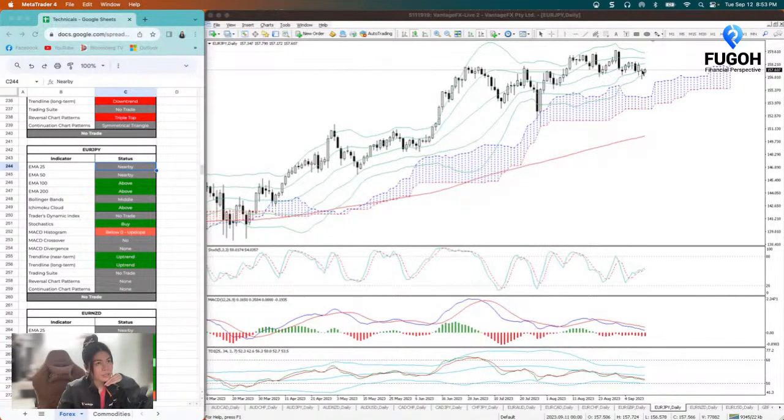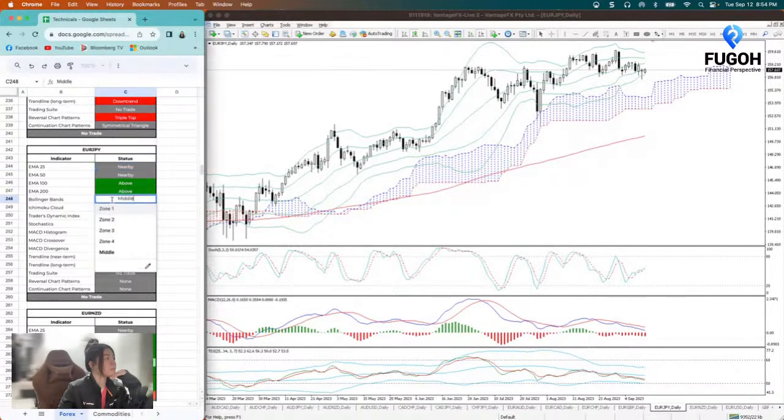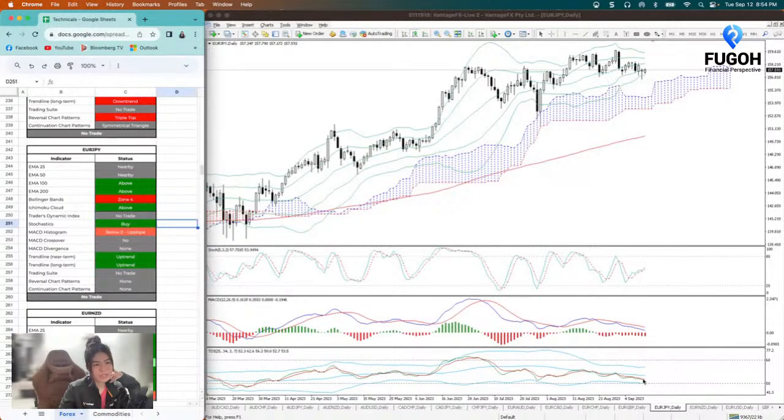Price is in zone 4. Ichimoku cloud is still above. How about our TDI? Our TDI is no trade. It's above 50, yes, but these two lines over here are below the middle band, so we don't trade.